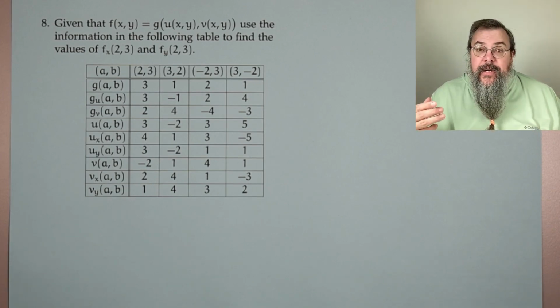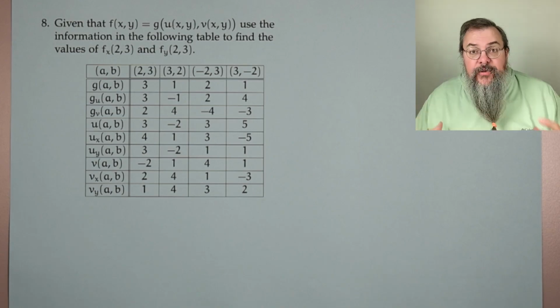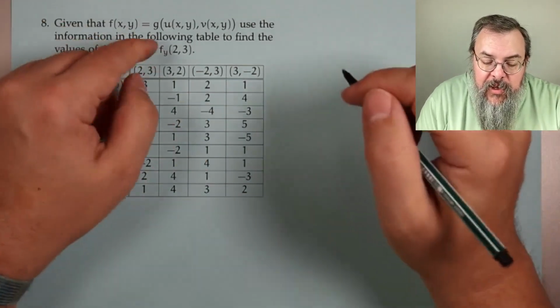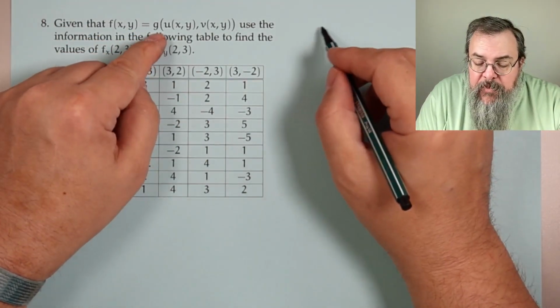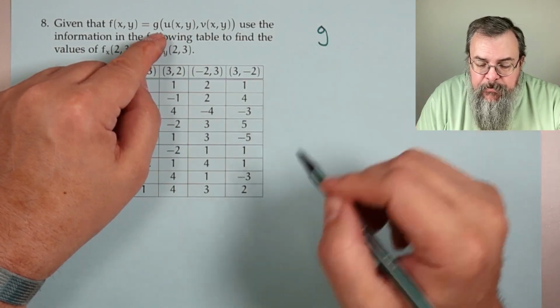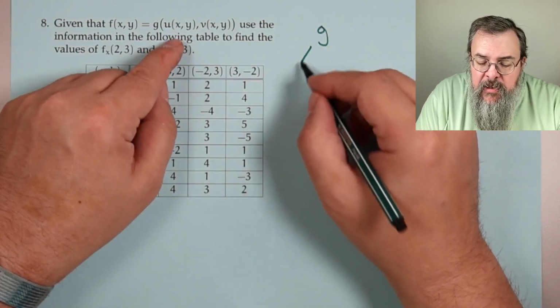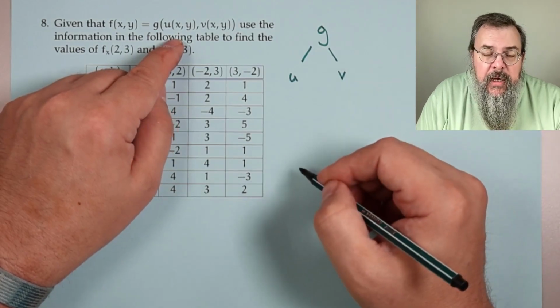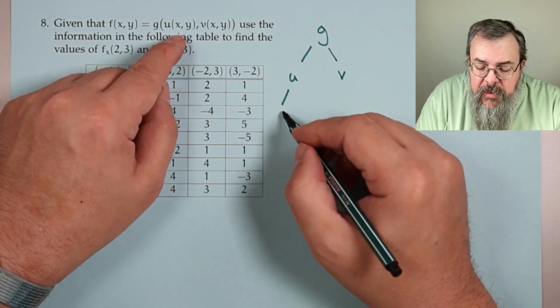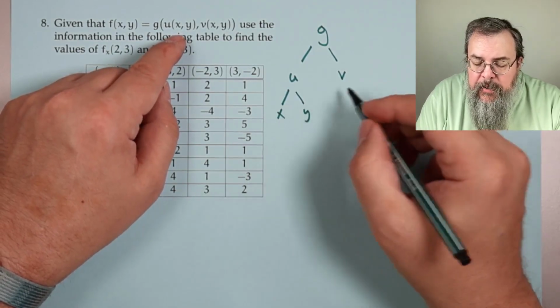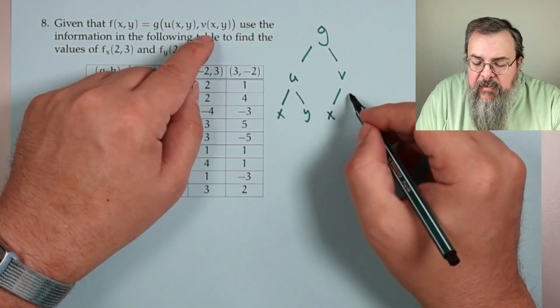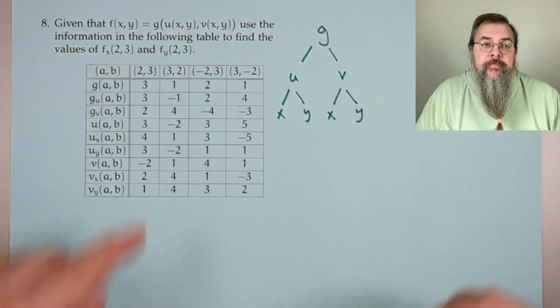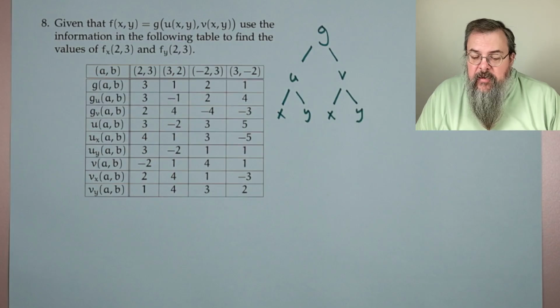Now, the way I start thinking of chain rules, I like to build a tree structure. So I say, all right, my top level, I have G. And it depends on two things, U and V. And now U depends on X and Y, and V depends on X and Y. Okay, great.